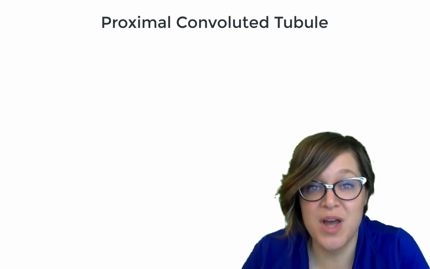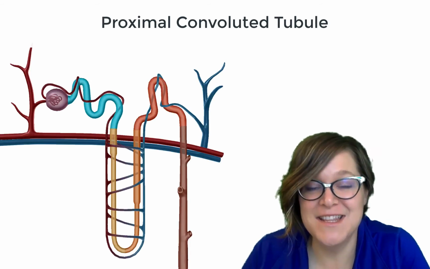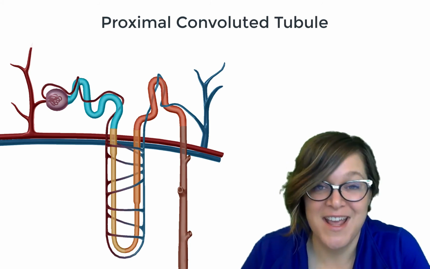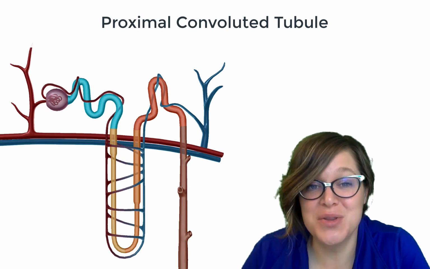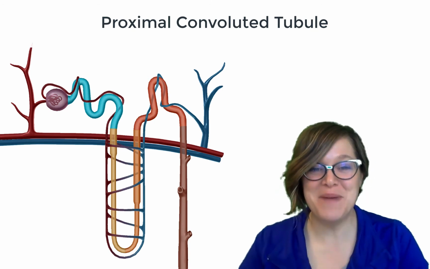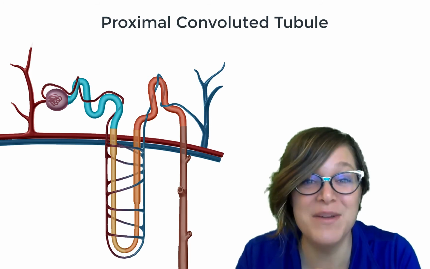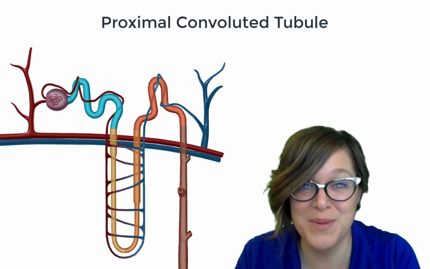The next part of the nephron is called the proximal convoluted tubule, and this part of the nephron does a lot of absorption. As you might guess, if you were to section through it, guess what it's got inside of it? Microvilli, just like the intestines, to increase surface area and give it more spaces to absorb.